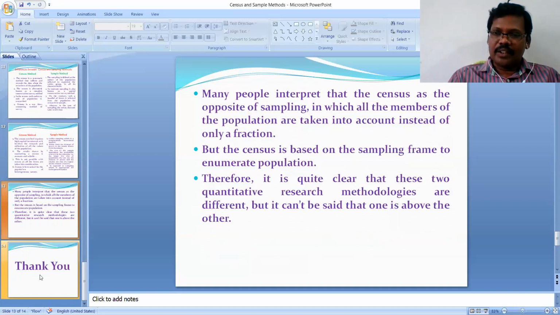Because of these constraints, the limited finances and limited time, the researcher does not go for the census method. Generally, the researcher goes for the sampling method only. That is why the sampling method is the most important method in these cases.